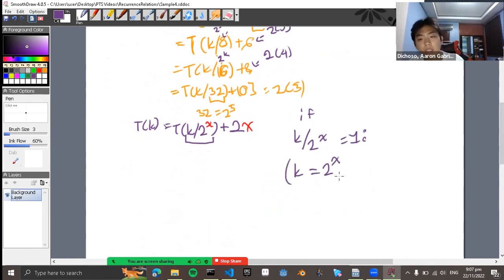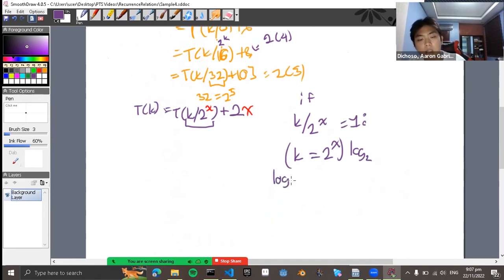If we would apply logarithm base 2 on both sides, we would get log base 2 of k is equals to x times log base 2 of 2. Then we would just get x is equals to log k. Yung log dito, it is base 2. When we are talking about CCDSALG, data structures and algorithms, mga time complexities, ganon, assume that when people write just the log, it is log base 2, hindi log base 10. Okay?